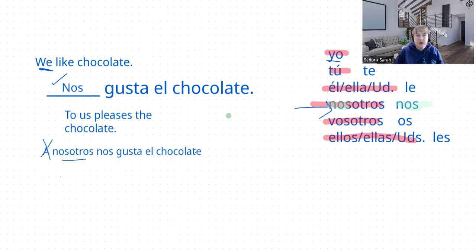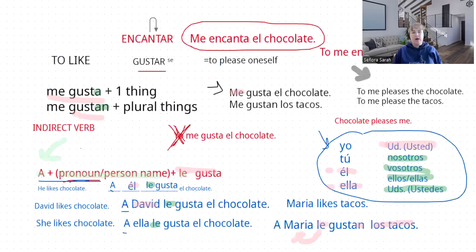Okay, let's come back again to what we already know over here. You're probably wondering now, hang on a second, for "he likes chocolate," this one right here, can I just say le gusta el chocolate? What do you think, based on what we've done so far? Can you just say le gusta el chocolate for "he likes chocolate"? Say it out loud.